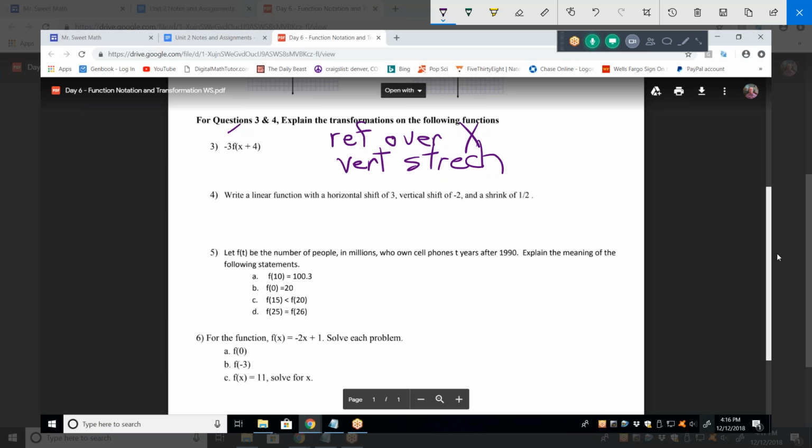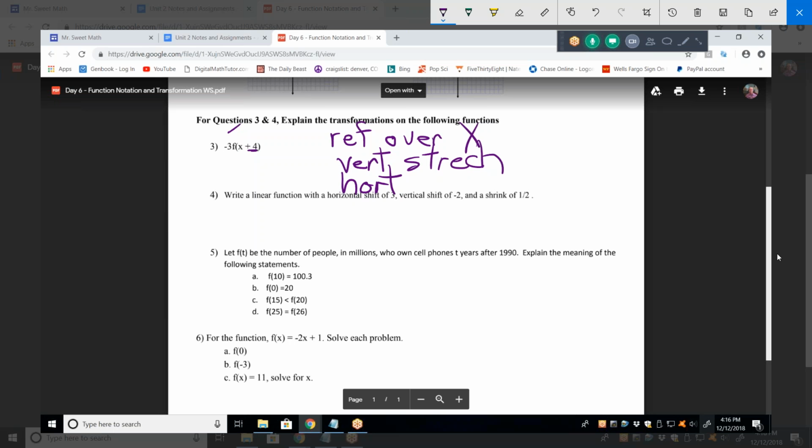And finally, what is that plus 4? First of all, is it vertical or horizontal? Horizontal. Because it's inside the parentheses, correct? Is it a stretch or is it a shift? Isn't it a stretch? No. Whenever you're adding or subtracting stuff, you're shifting.